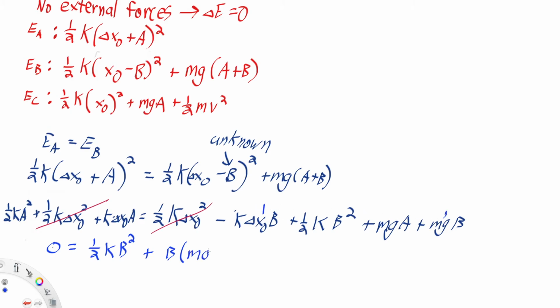So we have mg minus k delta x. And then we have all the terms that don't have b in it. So plus mga minus 1/2 ka squared minus k delta x a.